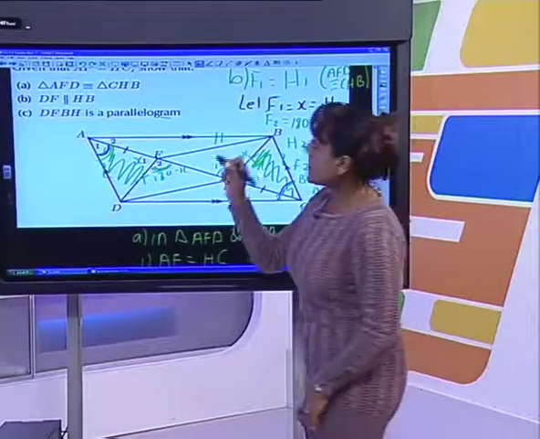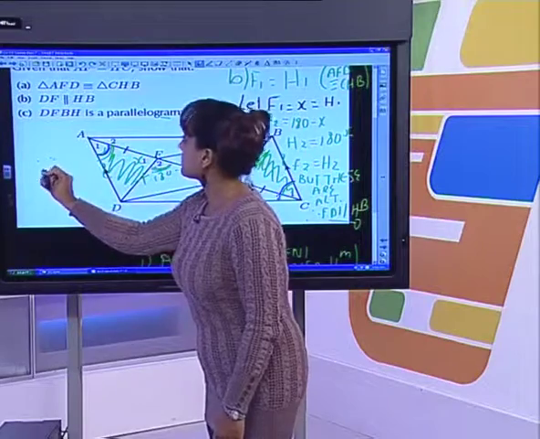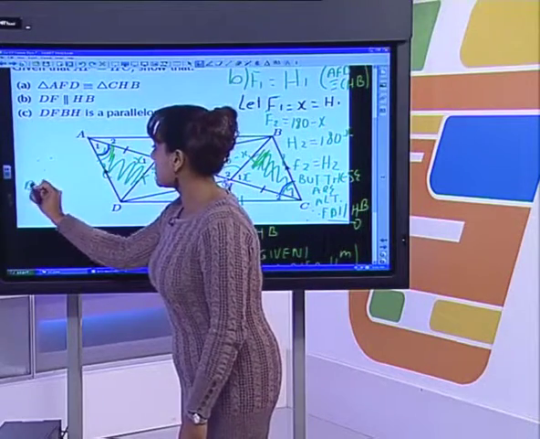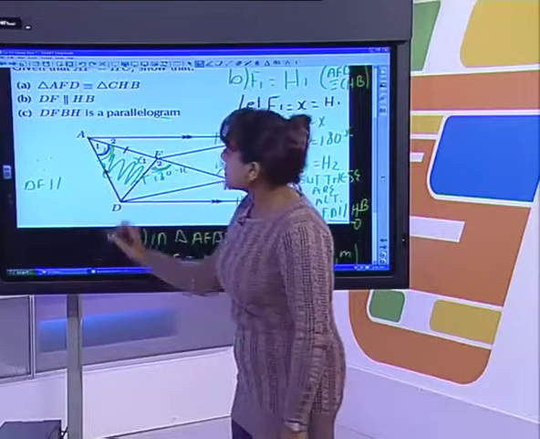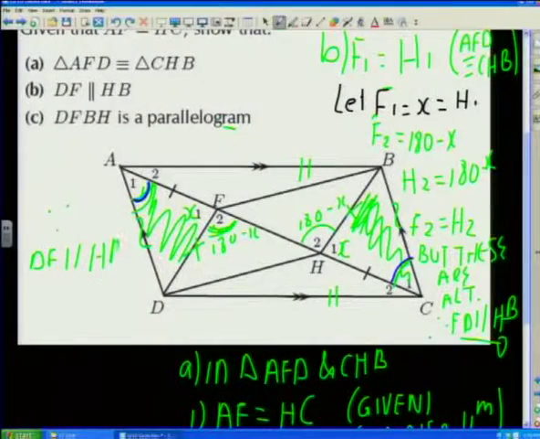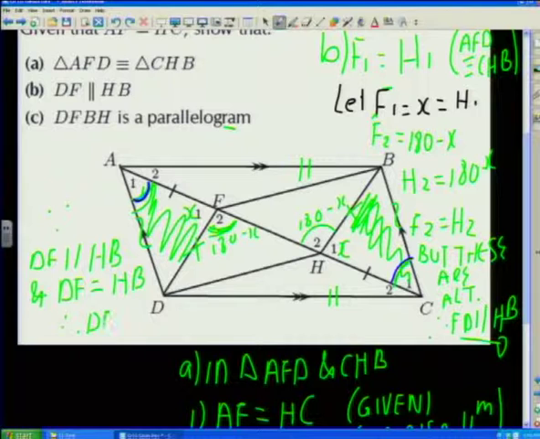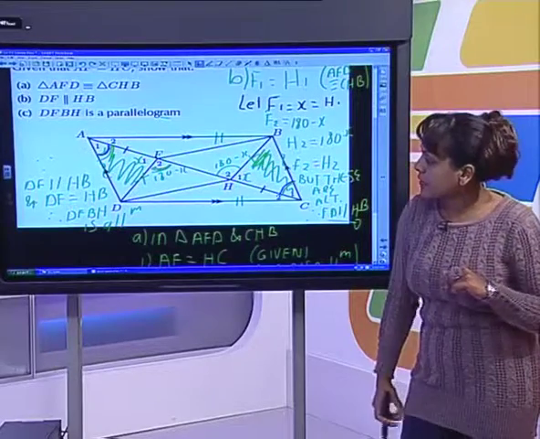So, if we write this out quickly, since DF was parallel to HB, which we proved, and from the congruency, DF was equal to HB, this would mean, therefore, DFBH is a parallelogram, because the reason here is one pair of opposite sides is both parallel and equal.